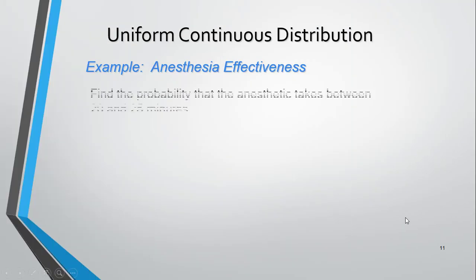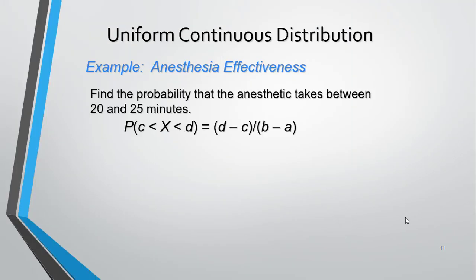Okay? Now, let's find out what would be the probability that anesthetic would take between 20 and 25 minutes. In other words, what are the chances that someone coming in, the anesthetic will take between 20 and 25 minutes to take effect? So in other words, what's the probability of X between C and D?